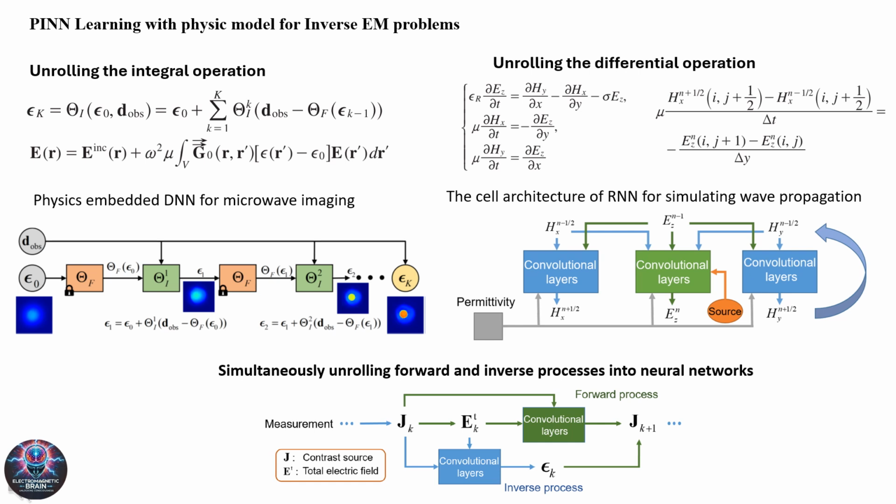The combination of integral, differential, and simultaneous methods within the neural network allows for real-time brain imaging, a breakthrough that can lead to portable, non-invasive imaging systems deployable in emergency rooms or ambulances. These advancements can drastically improve stroke diagnostics by providing fast, accurate, and actionable insights into brain conditions.